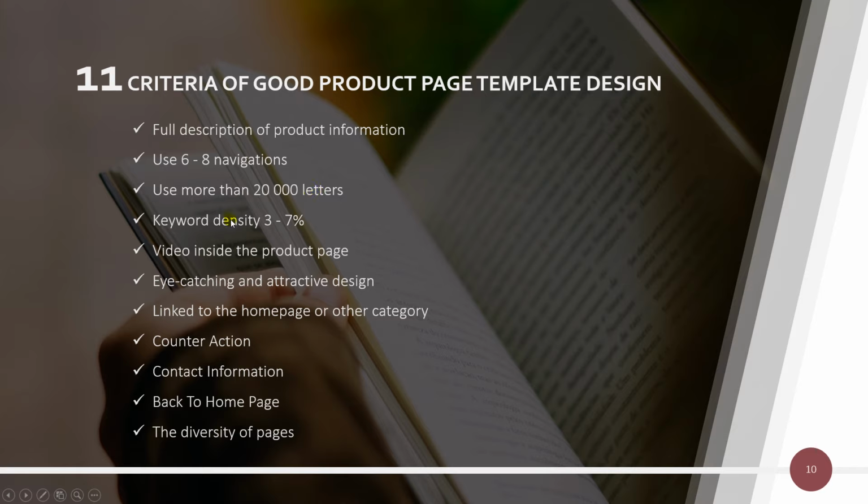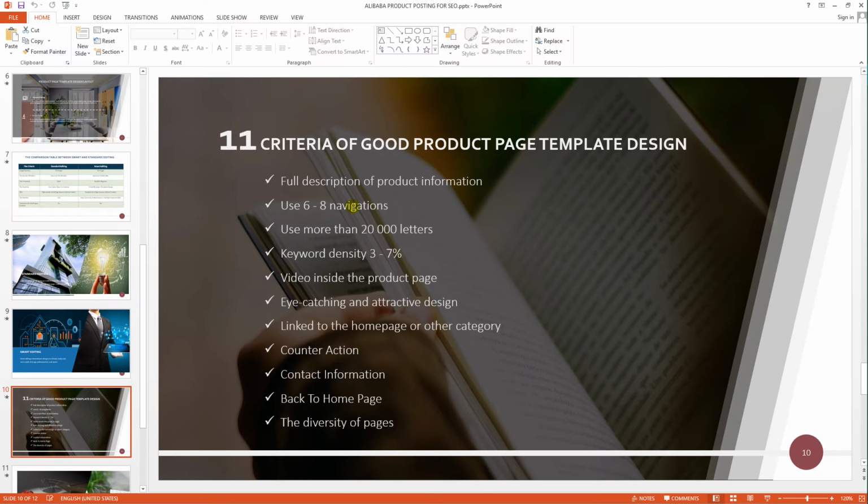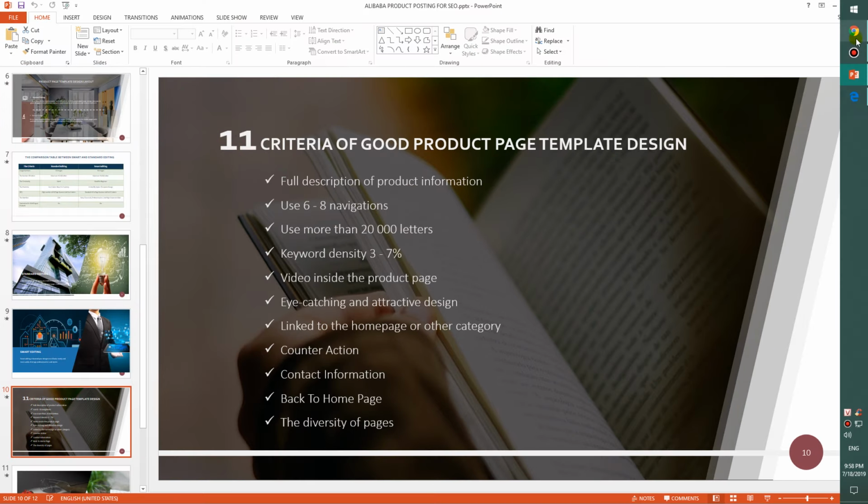Next, keyword density from 3 to 7%. Video inside the product page, eye-catching and attractive design, link to the home page or other categories, call to actions, contact information, back to home page, and diversity of page.